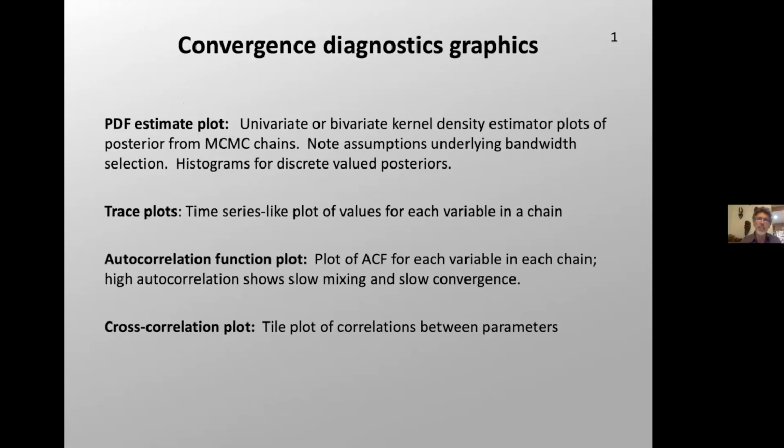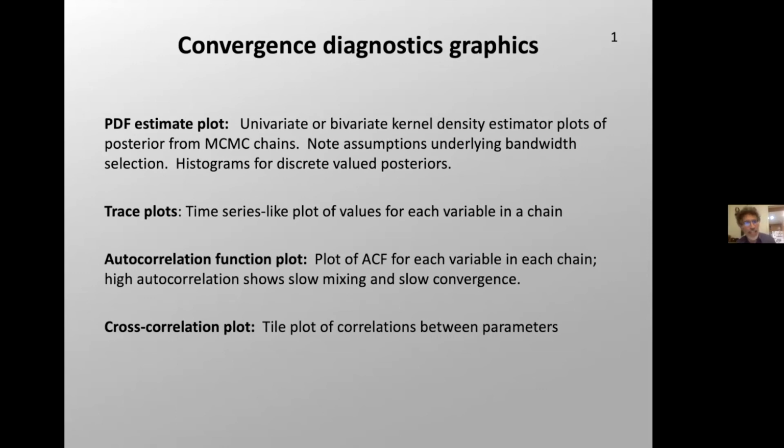So let's talk about the graphics for a moment. Astronomers tend to make 1 or 2 of these graphic plots, but not all of them. One is just to smooth the Markov chains and to see if they have large-scale structure. So that's kernel density estimators or smooths. One is to just plot the values of each variable in a chain. There's a lot of plots, a lot of information there, but that's essentially the raw data.